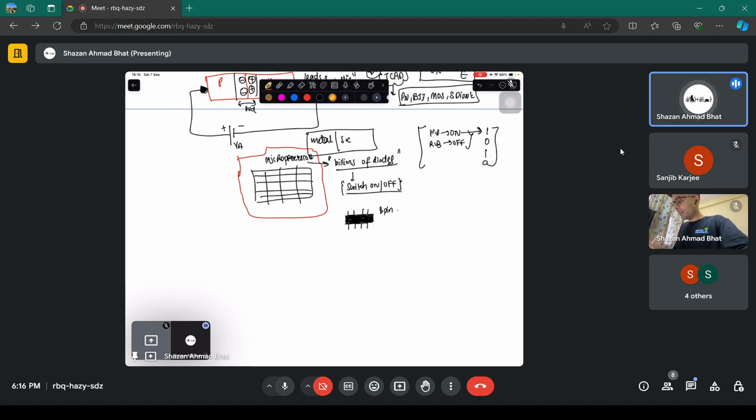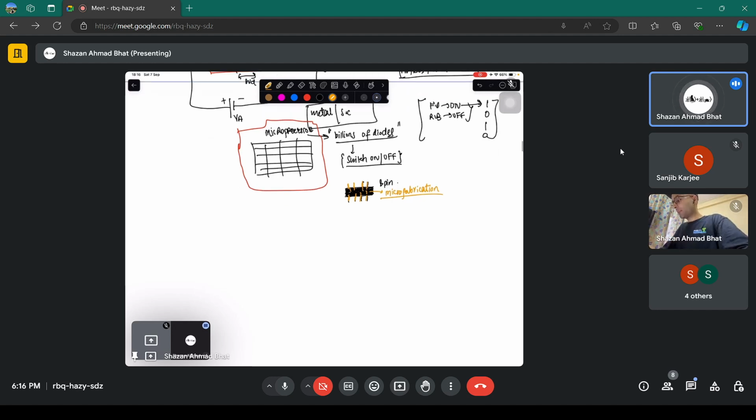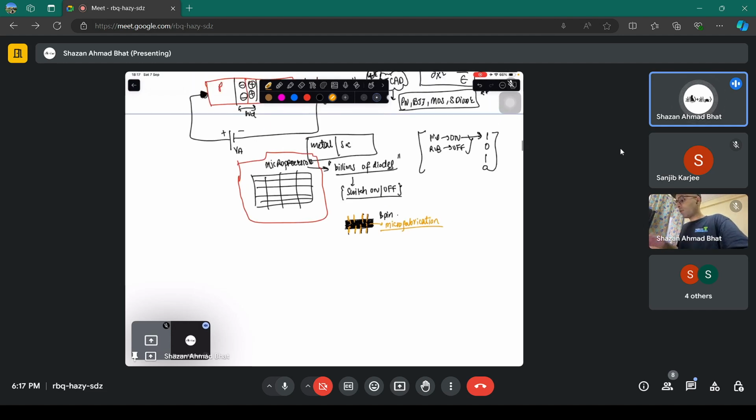All you can see are those golden pins which come outside. But they are connected internally with these diodes, which are microfabricated. They are micron-level or nanometer-level devices present there. But those gold pins outside are a metal basically. And when the metal comes in contact with the diode, that's where the problem comes. That's what we want to understand.